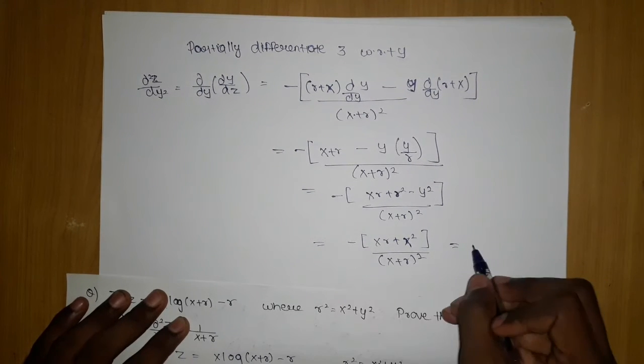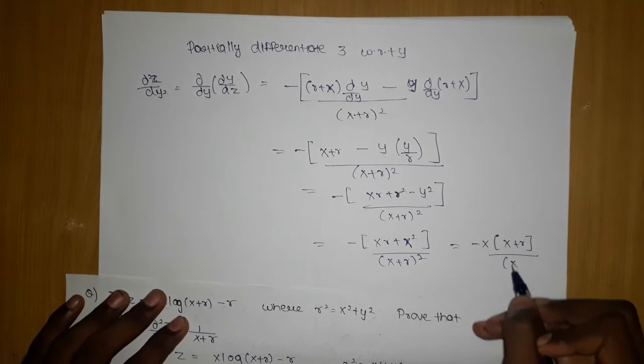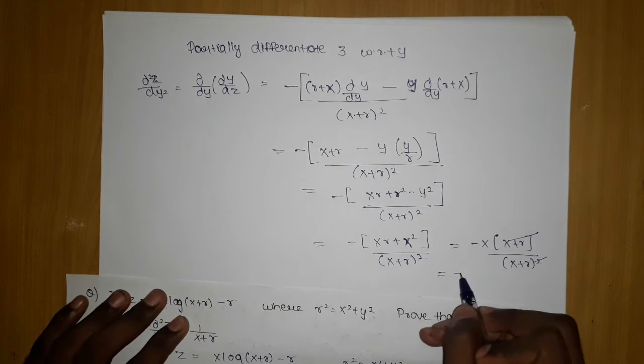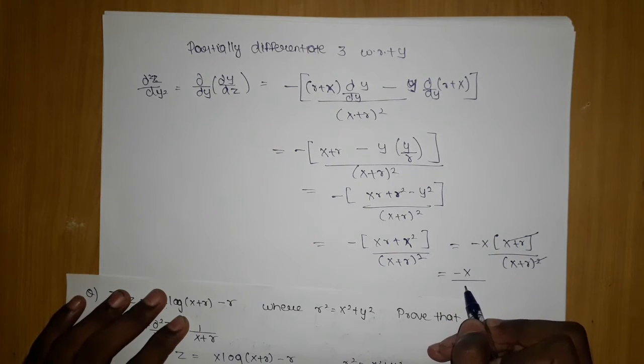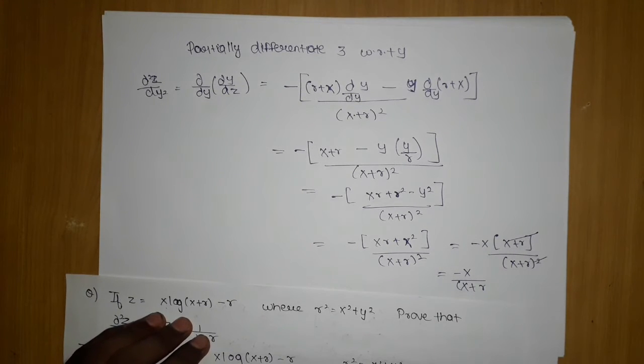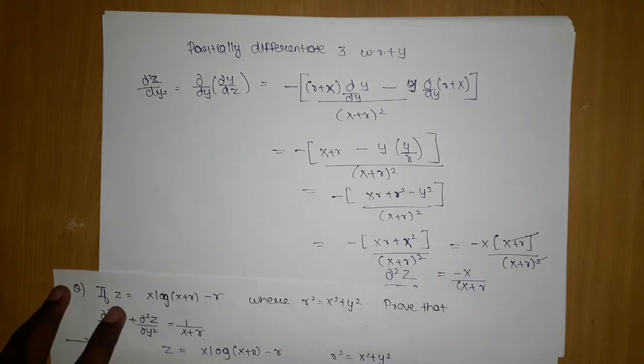And if I take x outside, what I am getting is x plus r the whole upon x plus r the whole square. This r and this r will nullify, giving me finally minus x by x plus r. So my dou square z by dou y square is nothing but this stuff.